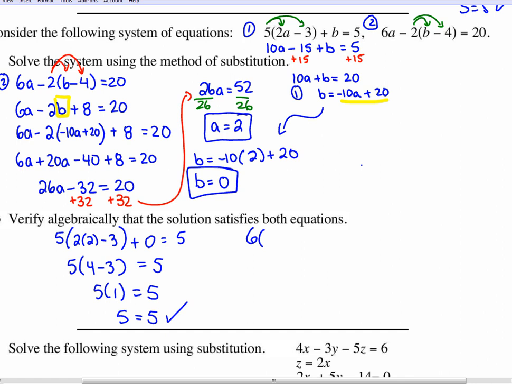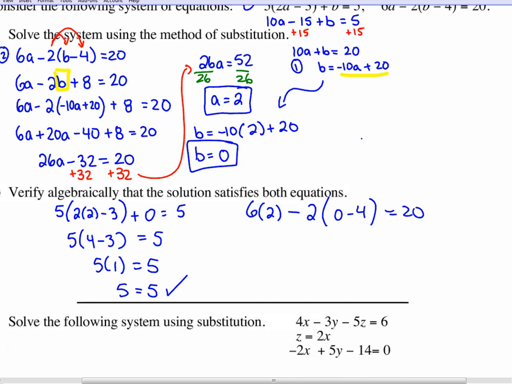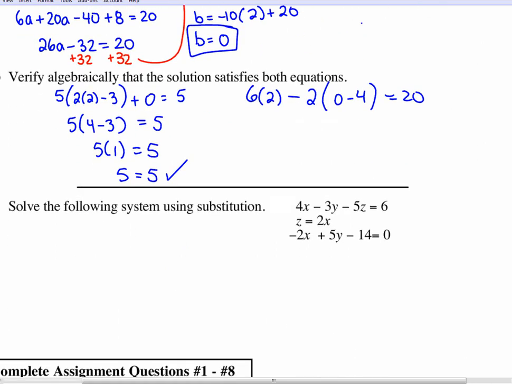6 times a minus 2 times b minus 4. So 0 minus 4 has to equal 20. 6 times 2, 12 minus 2 times, what's 0 minus 4? Negative 4.